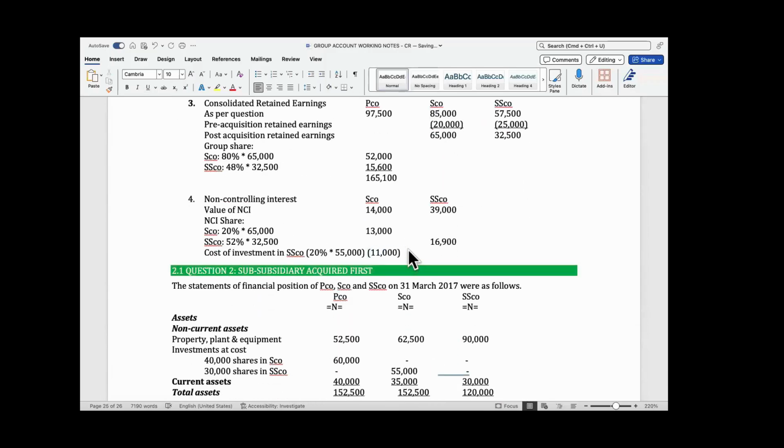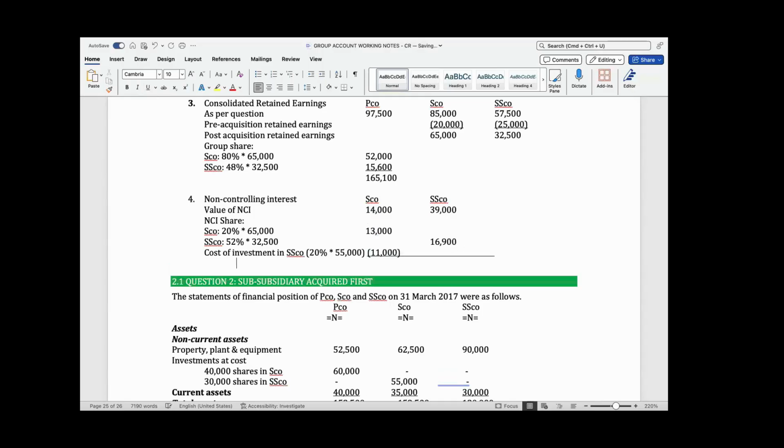And secondly, is the fact that it is a cost to NCI, a cost to get this value, so it will have impacted on them seriously. So for that reason, it would be deducted from the value of the NCI.